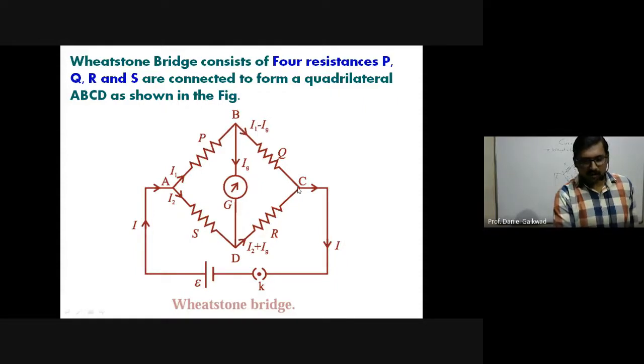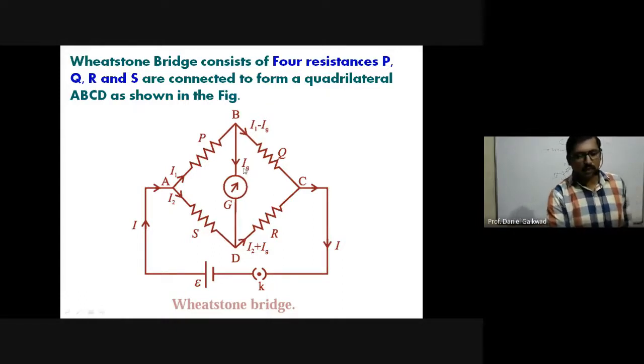Again we travel from C to D, then the direction of current and direction of traveling are opposite, so the sign will be plus for the term I2 plus Ig into R. Again we travel from D to B, and that sign is also positive, because we are moving upward from D to B, so positive for the potential difference across the galvanometer, Ig into G.